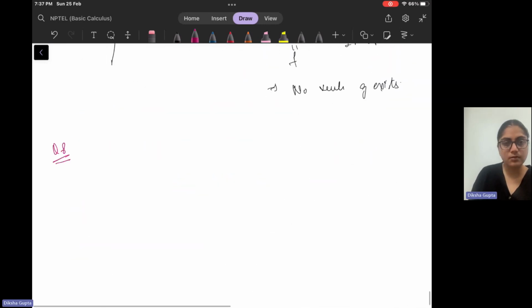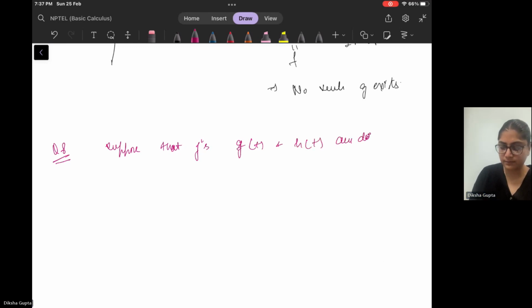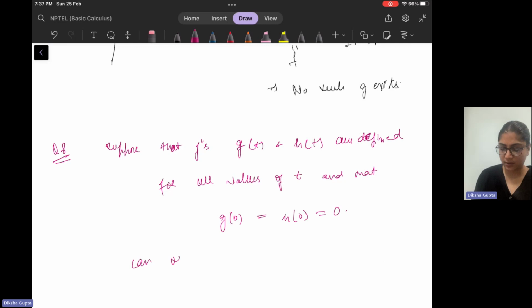One last question. Suppose that functions g(t) and h(t) are defined for all values of t, and that g(0) equals h(0) equals 0. Can the limit as t tends to 0 of g(t) upon h(t) exist?